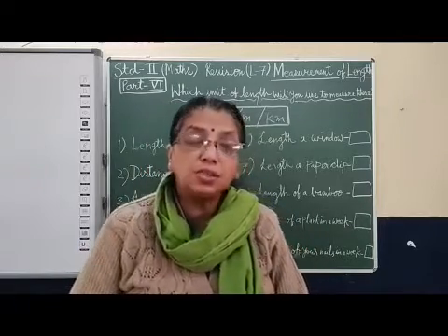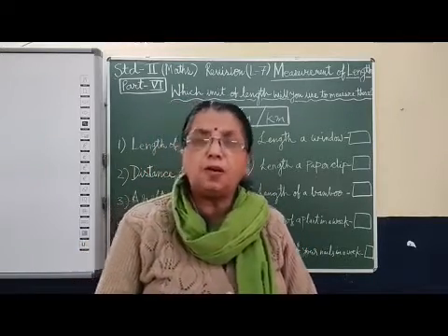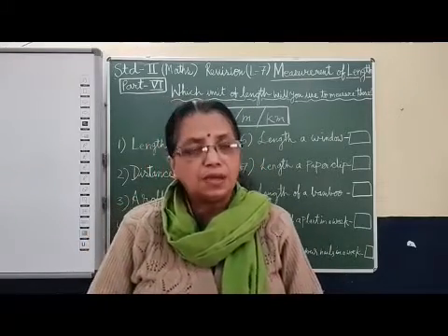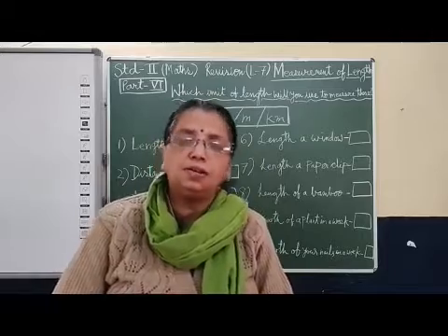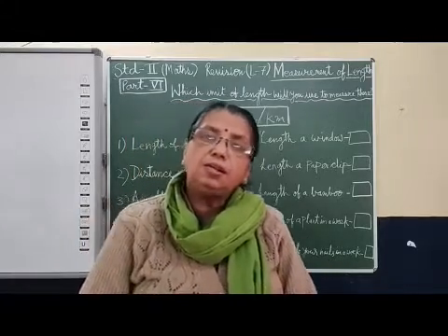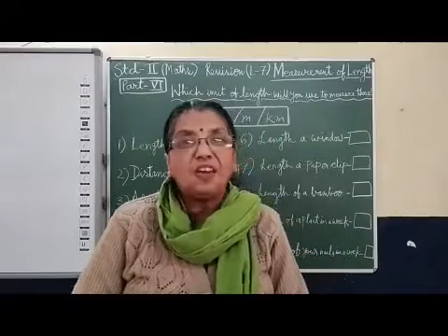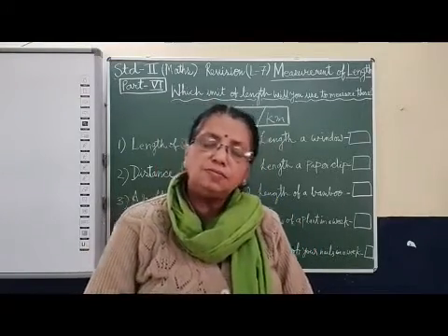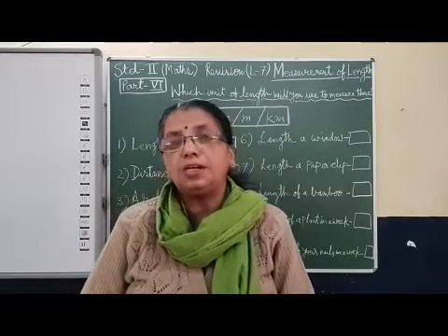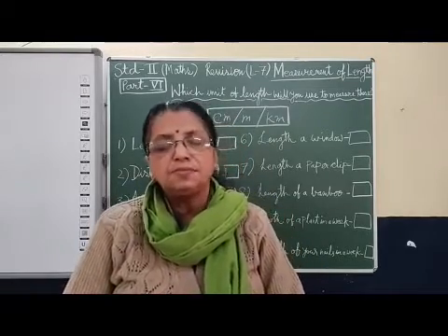These are non-standard units, and the different objects we use for measuring a given length are all called non-standard units. But in non-standard units, while measuring, variation can be found, so we introduce the standard unit, that is meter.